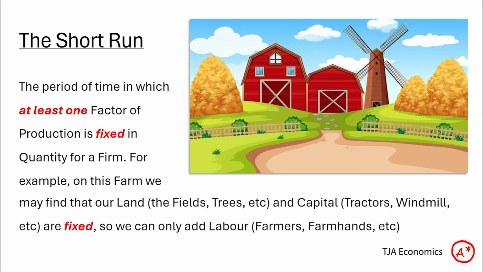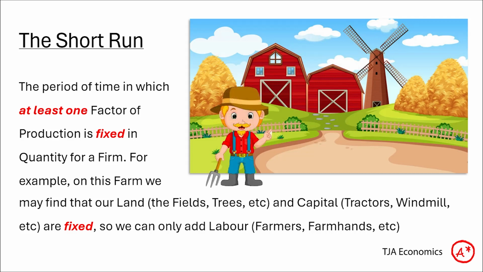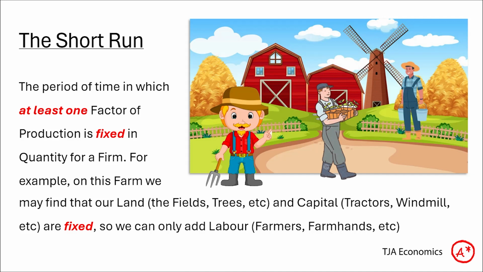However, we may be able to add labour. So, for example, I may be able to hire another farmer. I may be able to hire another farmhand or two. And so in the short run, I can add labour, but I can't add capital or land. That is the short run because at least one factor is fixed. In this case, land and capital.